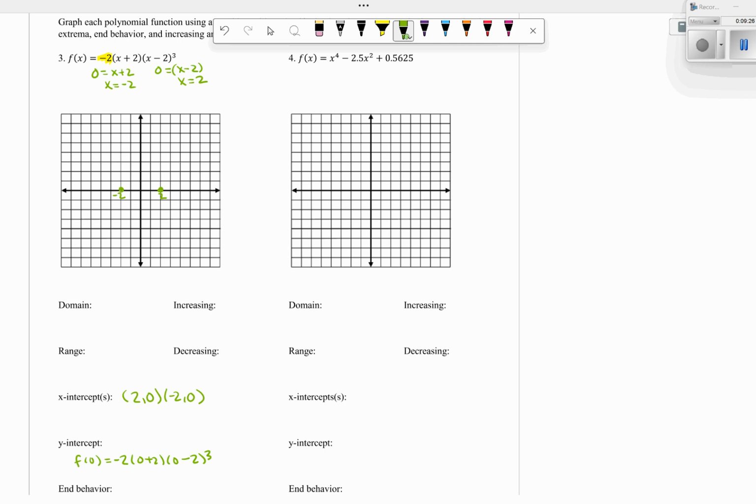And so keep in mind that we know -2 cubed would be -8. So we have -2 times 2 times -8. So that's going to end up giving us 32 because we have 16 times -2, 32. So 0, 32.